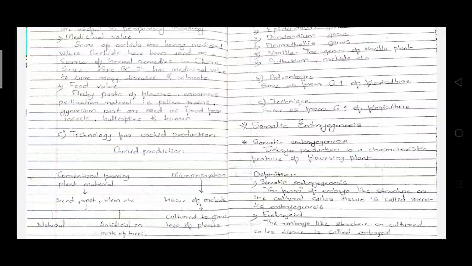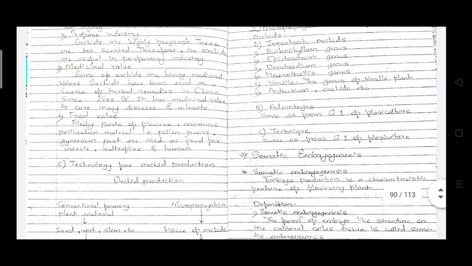So this is the conventional method. In micropropagation, by using the tissues of orchids, the culture grows, and we get hundreds or thousands of plants by using the tissue culture technique.